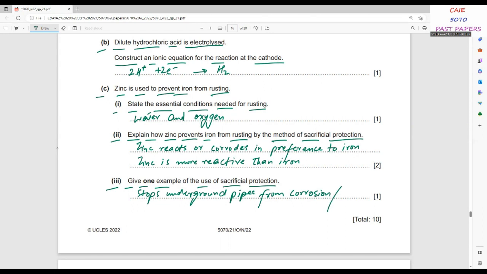You can also write: stops ship hulls from corrosion.